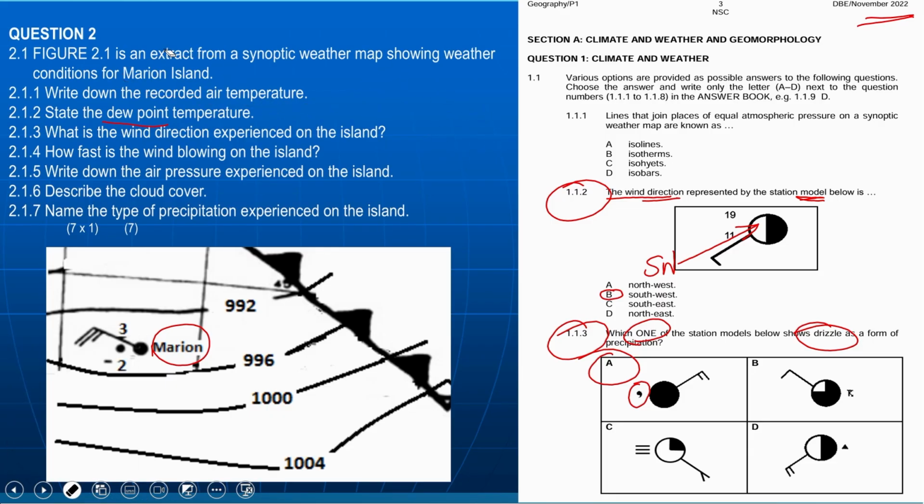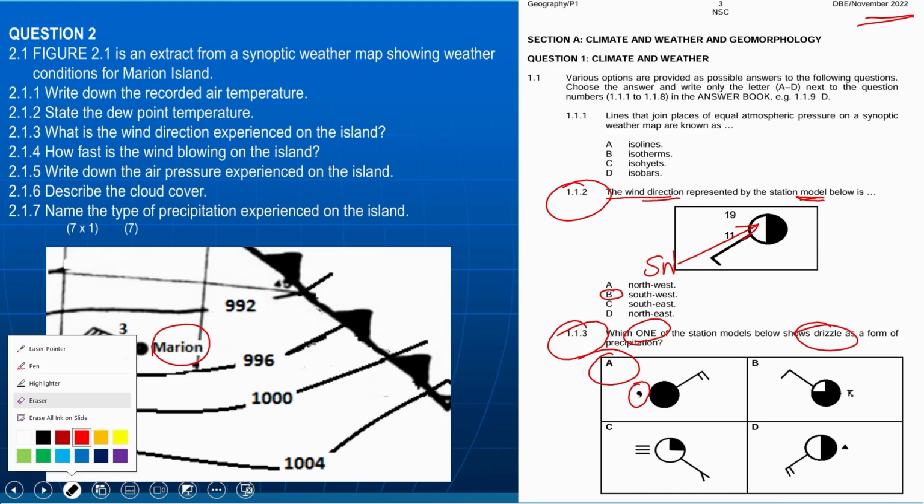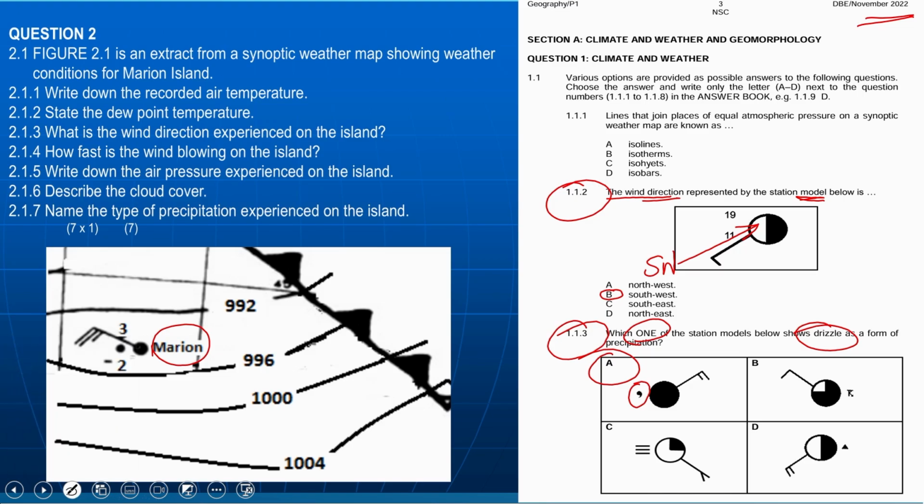Please remember, you give us the full way of answering, including the units of presentation. Now let's look at the next one. What is the wind direction experienced on the island? Remember what we said here?